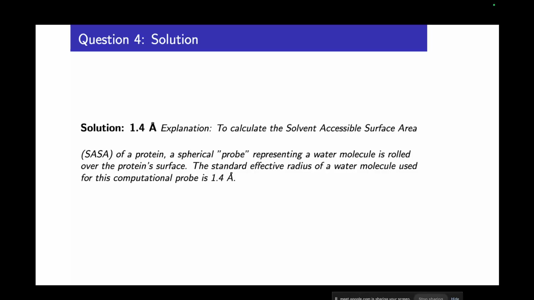Basically, the probe radius will tell you if it is going to be accessible or not. They'll roll the probe of 1.4 angstrom across the whole surface area and basically check which sections are accessible and which are not.